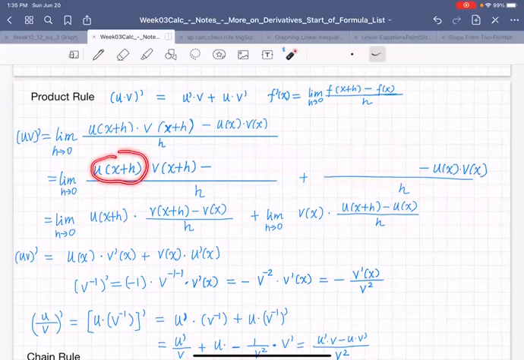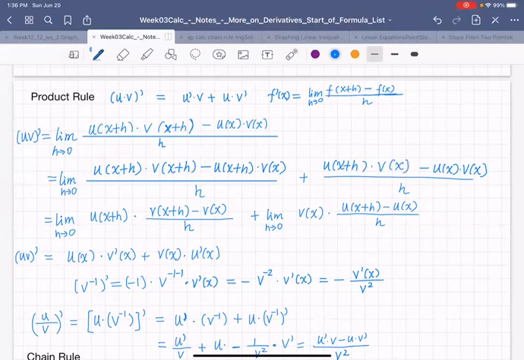Look, you can copy down this. You can copy down u of x plus h, and then you times v of x. Okay? And then here, you do u of x plus h times v of x. Make sense? Yeah. Look here.